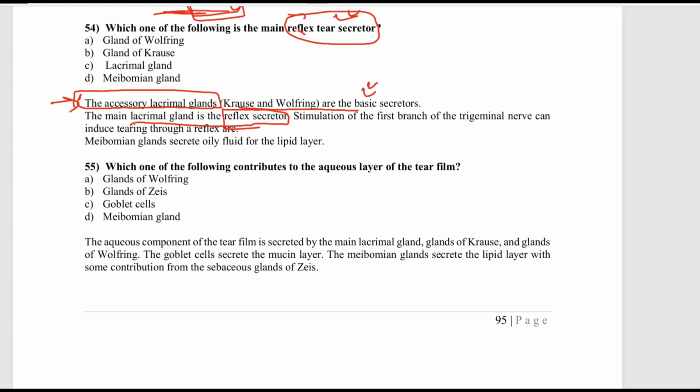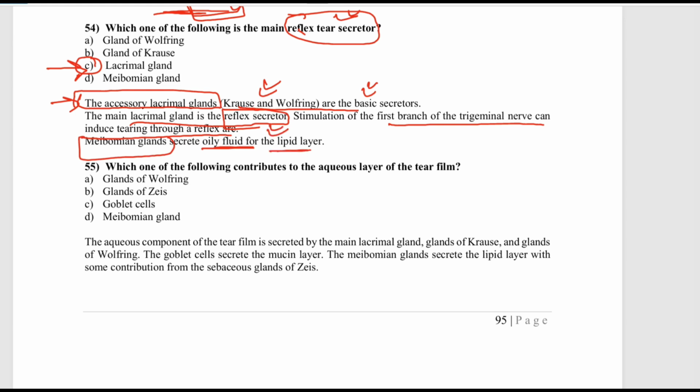So the option Charlie is correct. Main reflex tear secretor. Don't mix it with the basic tear secretors, which are glands of Krause and Wolfring. And how is the lacrimal gland activated? Stimulation of the first branch of the trigeminal nerve can induce the tearing through the reflex arc. Meibomian gland. What does the meibomian gland do? Secretes the oily fluid for the lipid layer. Okay, oily fluid for the lipid layer.